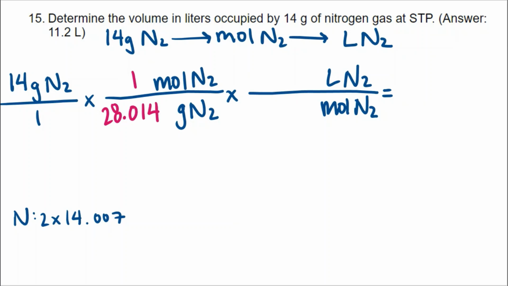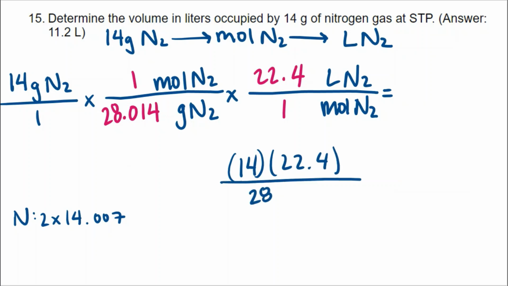Now we need a conversion factor that has liters and moles. So 1 mole of any gas is 22.4 liters. So to solve this, I need to do 14 times 22.4, and then I need to divide by 28.014. And when I do, I get an answer of 11.2 liters of nitrogen.